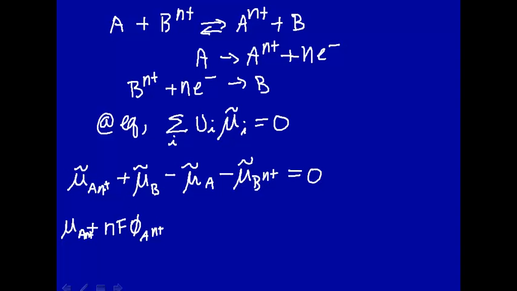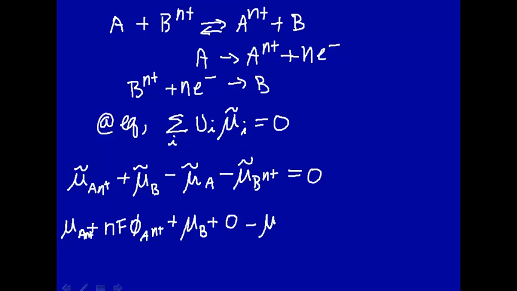So we've expanded that out. Let's do the electrochemical potential of B. I claim this is just the chemical potential of B. Why? Well, B doesn't have any charge, so z is 0. There's no potential associated with that. All right, now let's do the reactants here.